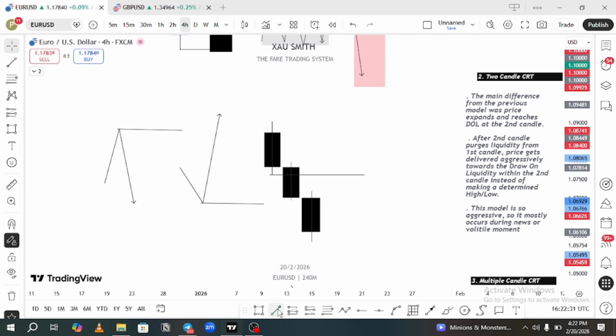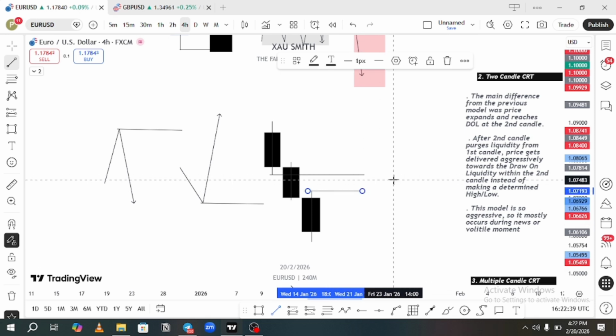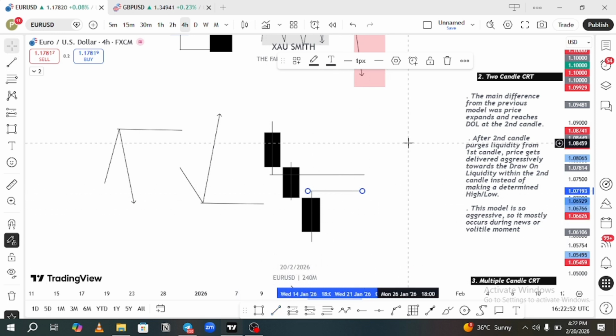It is the low of the first candle's wick and the high of the third candle's wick. So that's the fair value gap. We can also see a CRT forming inside this and we can look to trade, right? So these are the key levels I'll be talking about.